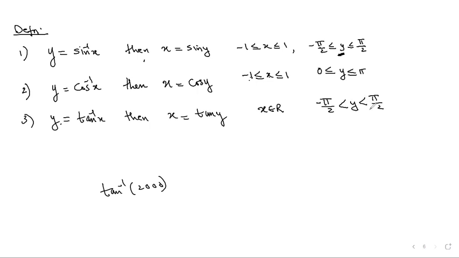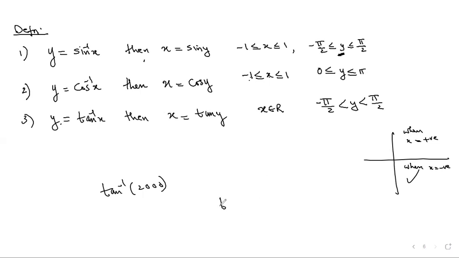Can anybody tell me why y equal to ±π/2 is not there? Tan 90 is not defined. It's not a real number. That's why. Again, negative values of x will give you angles from -π/2 to 0, and positive values will be from 0 to π/2.